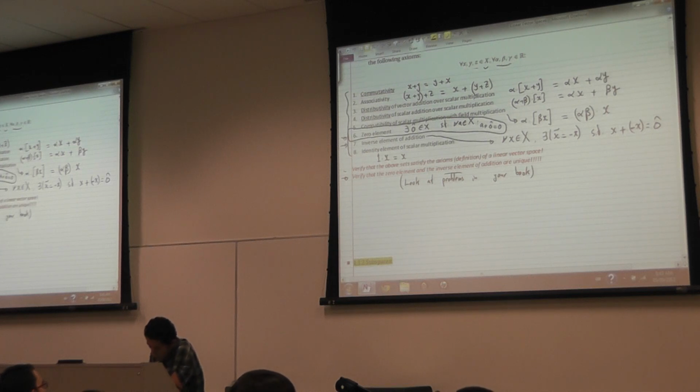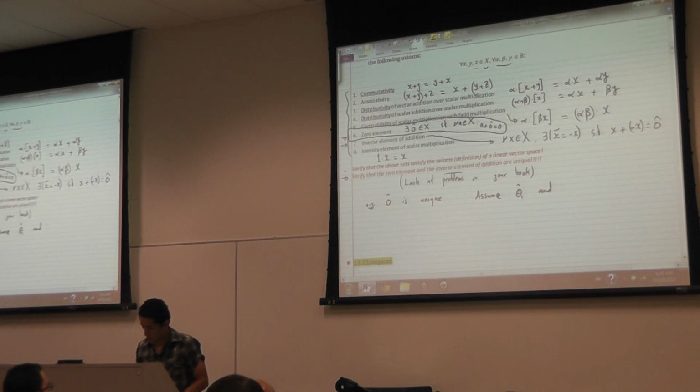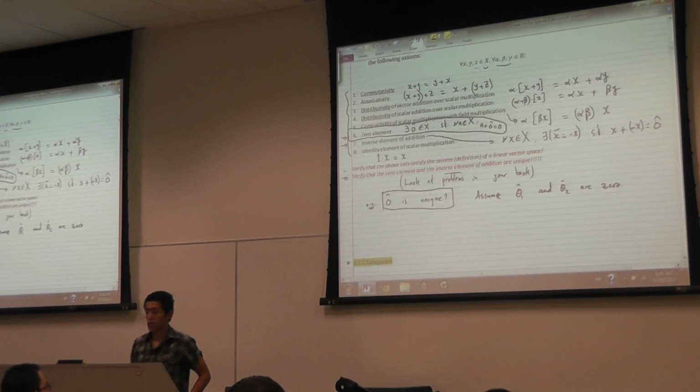For example, the 0 is unique. To prove something is unique, you always start by saying, well, maybe there are 2 of them. Assume theta 1 and theta 2 are 0 elements. So this is the question: is it unique? We assume that theta 1 and theta 2 are 0 elements.